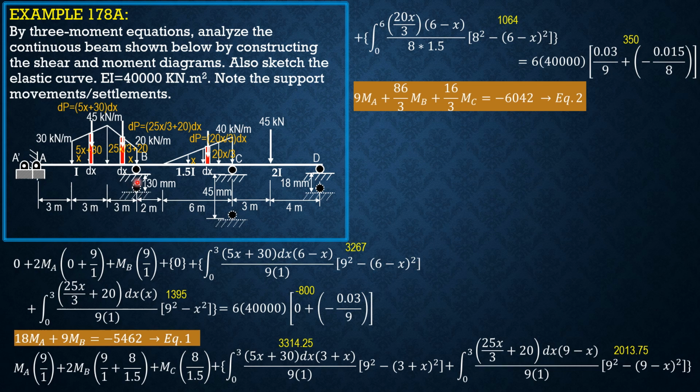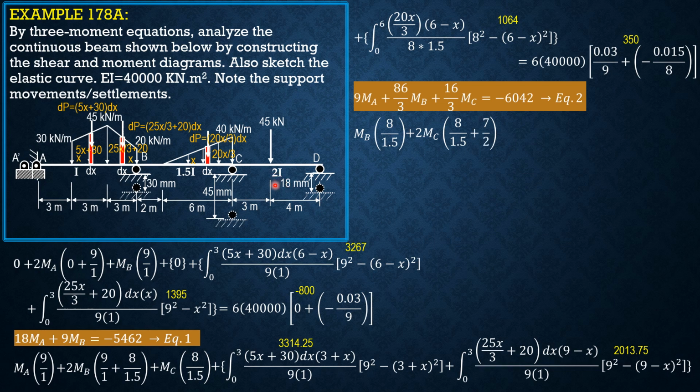Finally, we have three moment equations on spans BC and CD. Take note, moment at D is 0. So we have MB times 8 over 1.5 plus 2 times MC, quantity 8 over 1.5 plus 7 over 2.